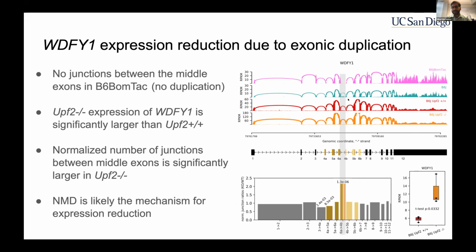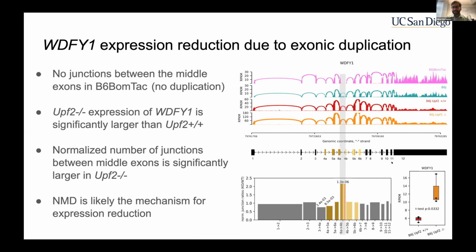If we look at the sashimi plots for these samples, the top one is BALB/c, which doesn't have any junctions between exon 4B and 6A because it doesn't have the duplication. The Black 6 has some junctions here. The wild type in the embryonic stem cell expression data has some junctions, but the knockout sample has a lot more junctions.